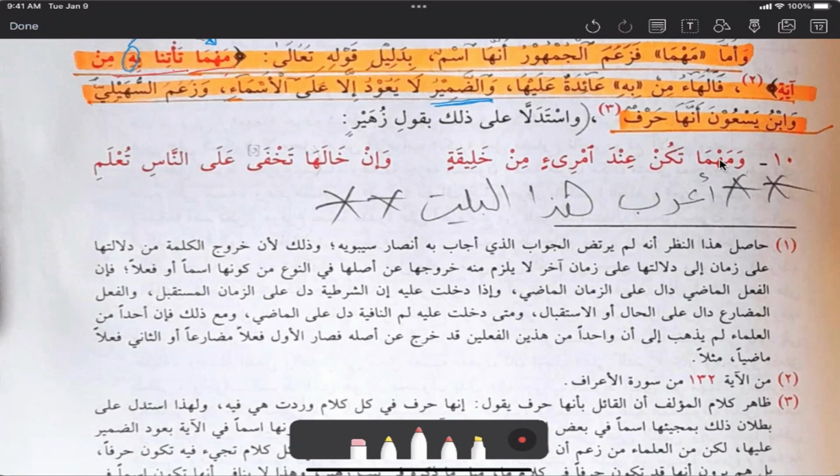Yani, some of them said it's a particle, and they use this line of poetry as evidence, and they gave their argument. That's the weaker saying, though.